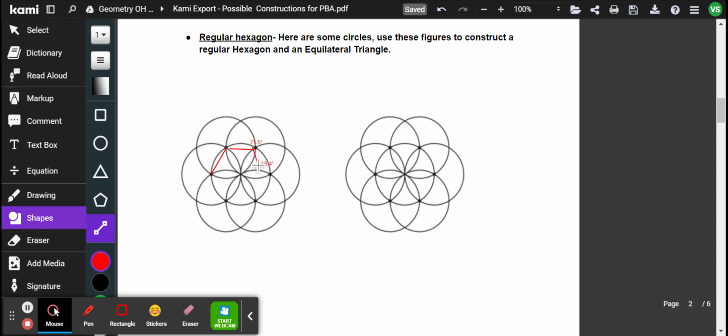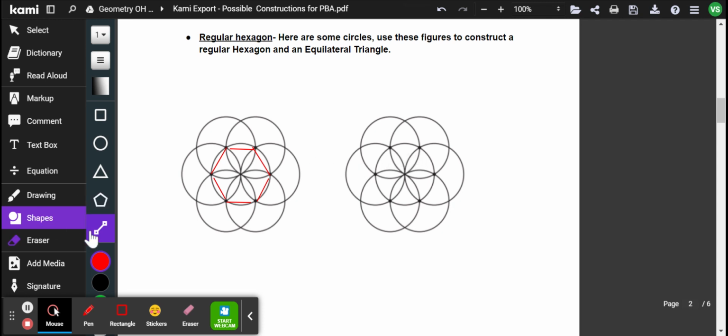You can use a ruler, but in the interest of time, I'm just using this line here. So that's my hexagon I'm drawing, just by connecting these dots of the intersection. So that's a hexagon right there.